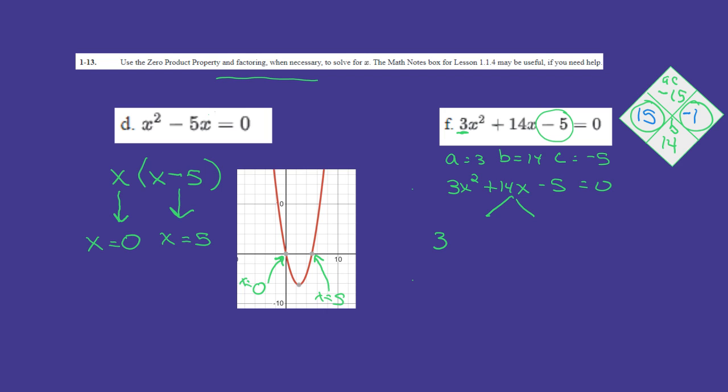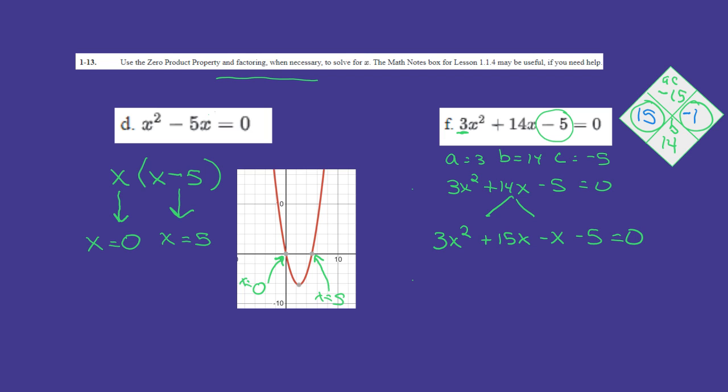So I'm going to rewrite it as 3x squared, and I'm going to put 15 first because I know 3 goes into 15. So 15x minus x minus 5 equals 0. So basically, if I was to recombine these, it would equal the +14. So that's one of the reasons I'm doing this. So let's get rid of that because I also do some other stuff with this.